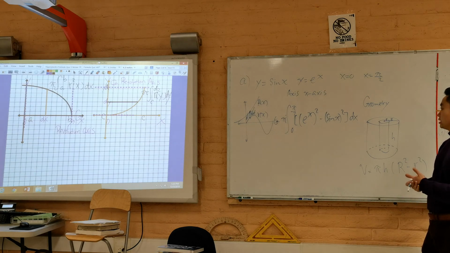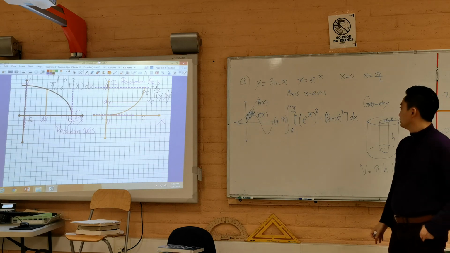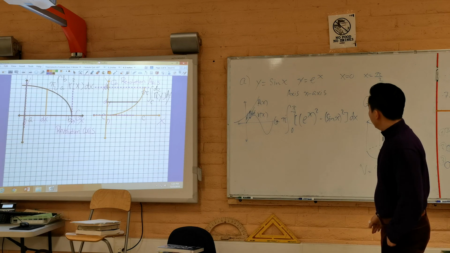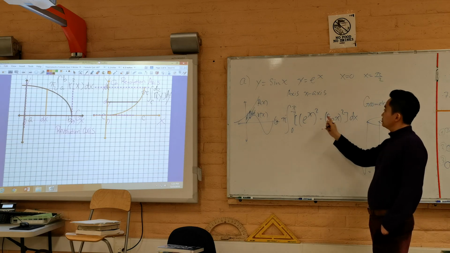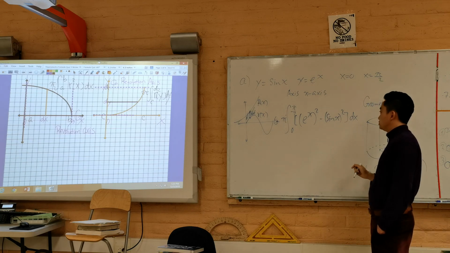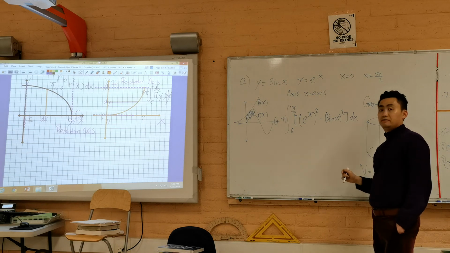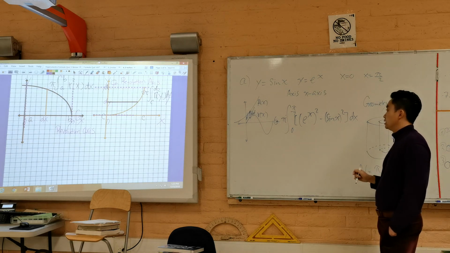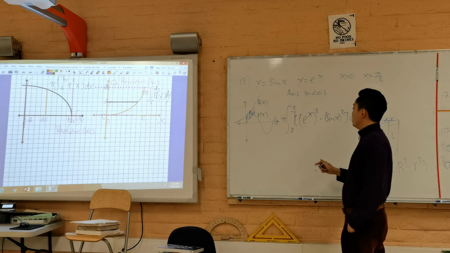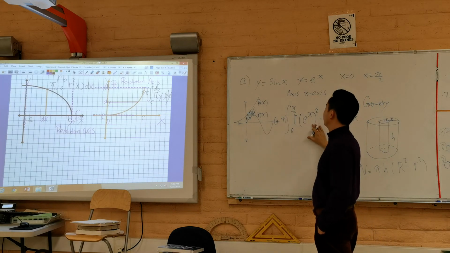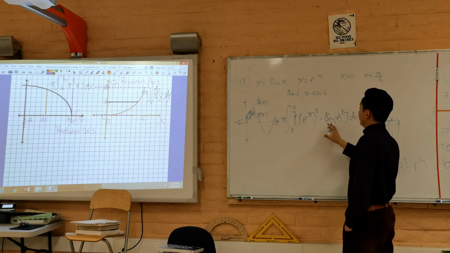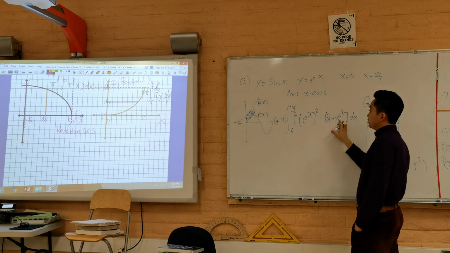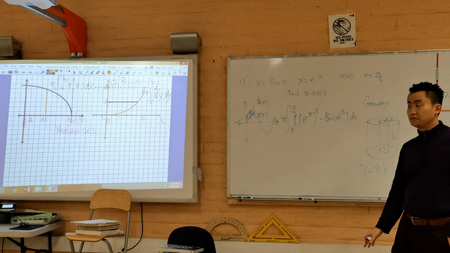And now from here, you can integrate it. You may notice that there's no such formula for the integral of e to the power of x squared, so you have to do that on the calculator. Normally they'll give you a problem which is integrable, but in this case, you don't know what those formulas are, so you have to do that on the TI-84.